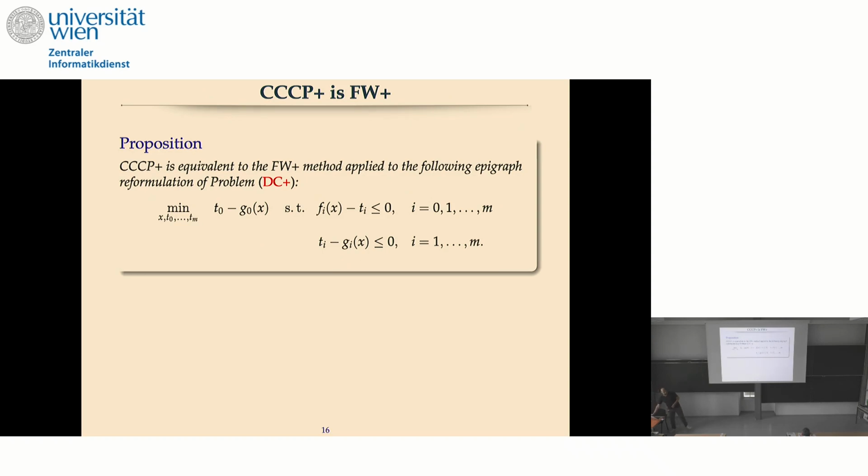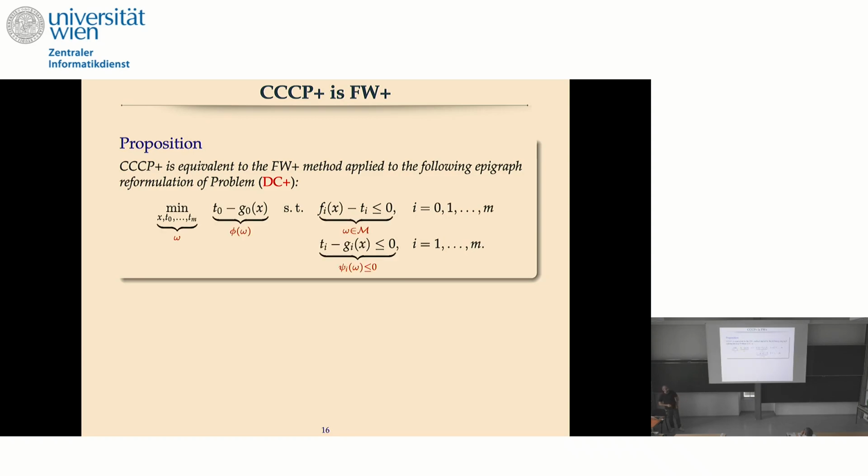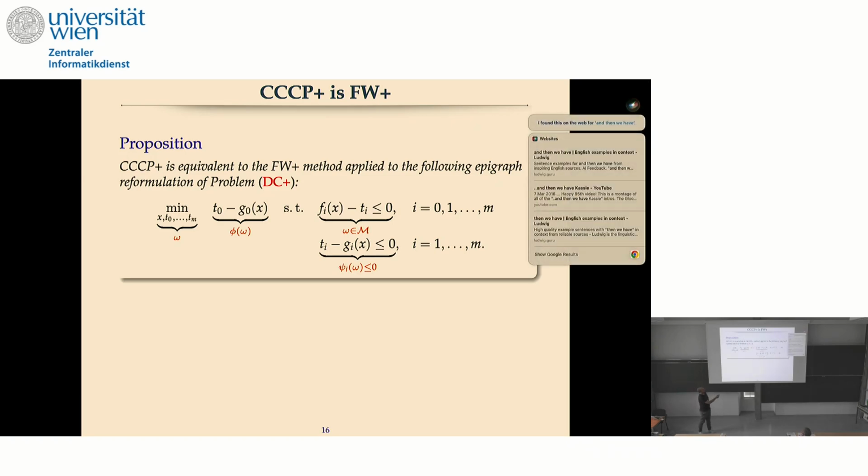Then the next proposition that we have is that we can actually write CCCP plus as Frank-Wolfe plus. And this goes very similar to the original case of CCCP and Frank-Wolfe. We again write, this time we introduce one extra variable for every objective and every constraint. And then we have a concave objective, some convex constraints, and some concave constraints.